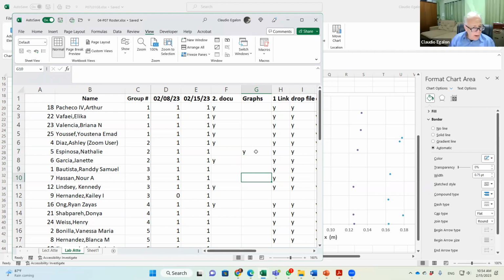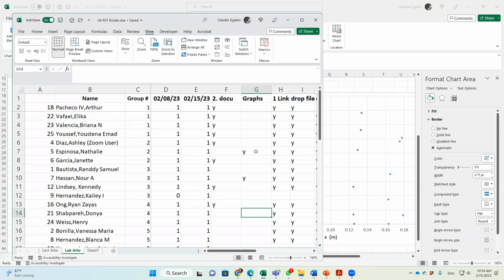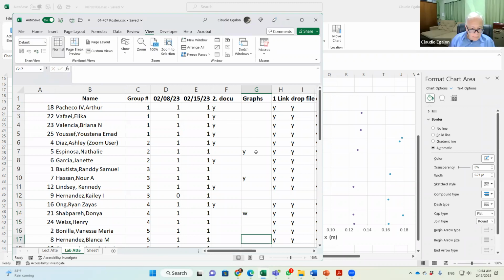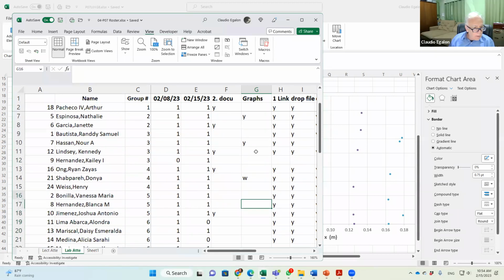Noor, did you get the 2 graphs? Yeah, I have. Any questions? No, all good. Next one, Donia, did you get the 2 graphs? Not yet, but I'm working on it. Okay. Vanessa, did you get the 2 graphs?